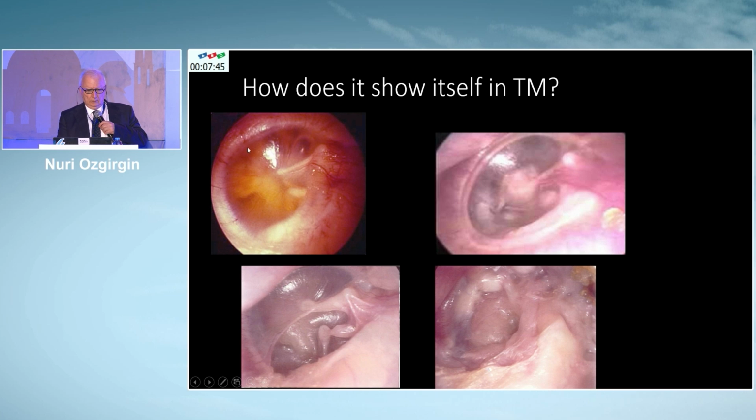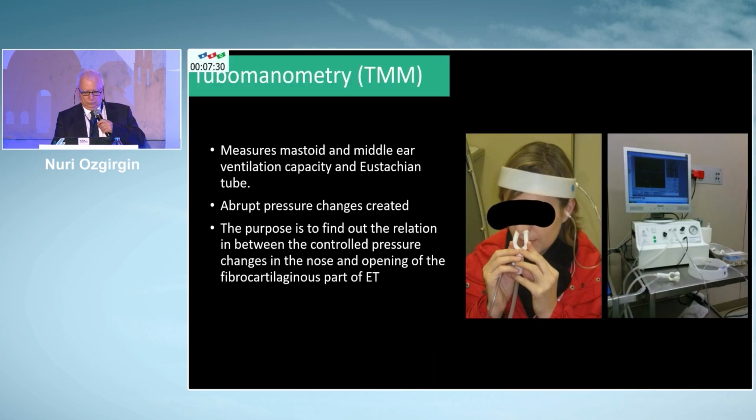The tympanic membrane, of course, can show the serious status of the Eustachian tube.